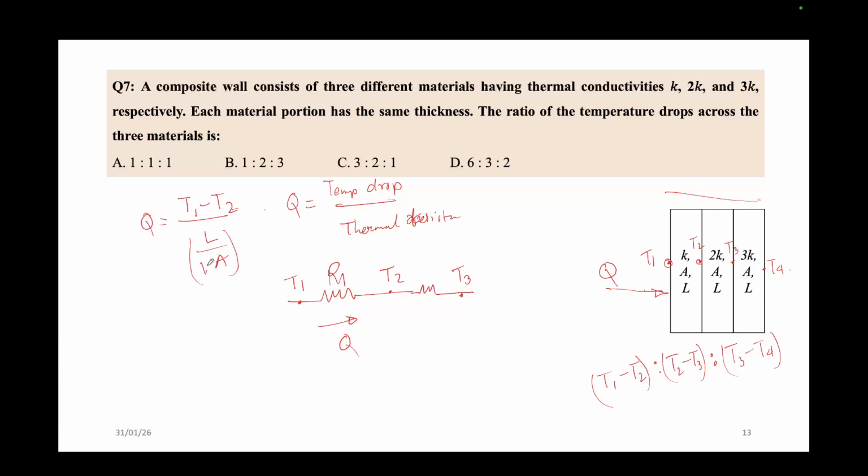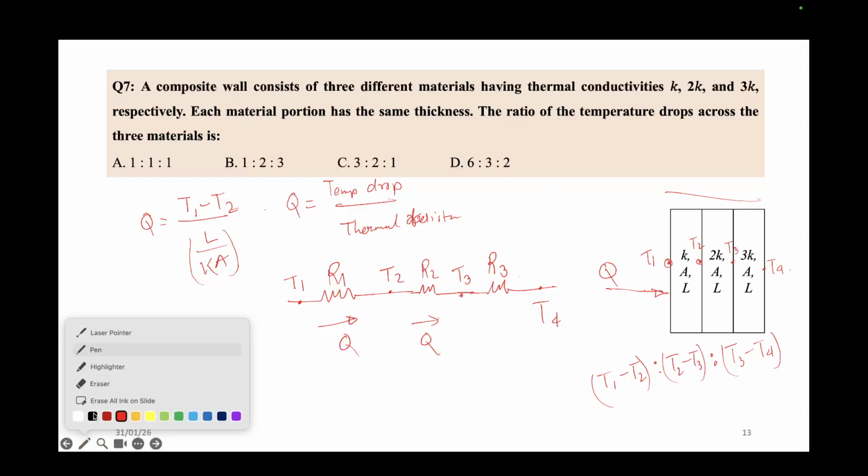L upon KA, right? So next it is R2. Same heat will flow. Next it is R3. So if I find out the resistance in each case, better I find out the resistance first.